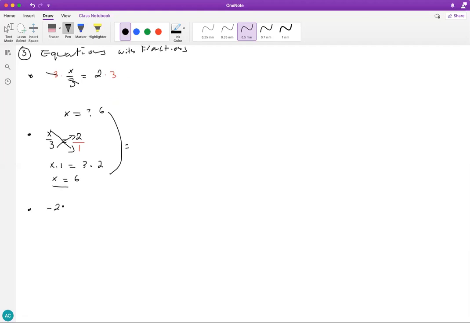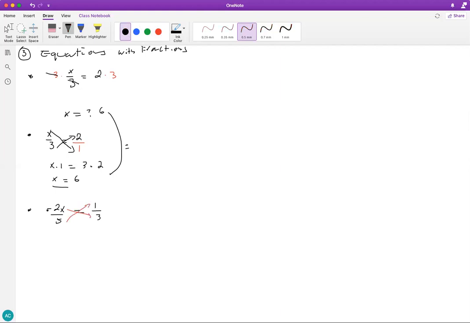Let's look at another example. Negative 2x over 5 equals 1/3. Same thing, since we have two fractions, we can cross multiply.